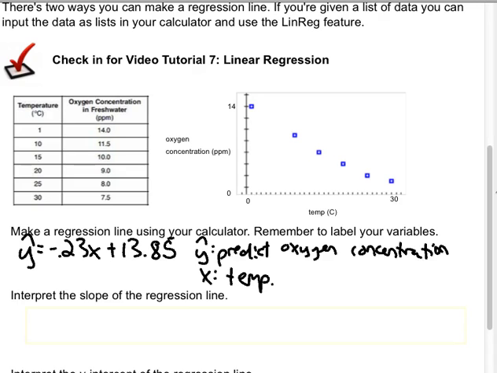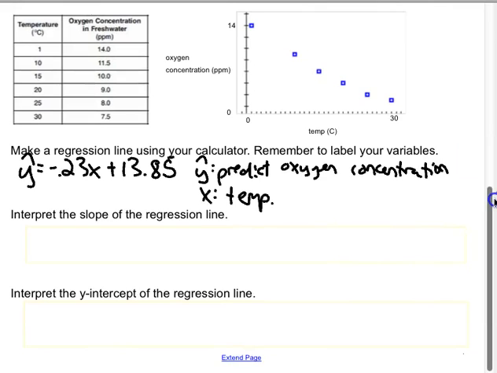Now that we know how to make those equations, let's dive into the interpretive piece. Interpret the slope of the regression line. The slope is always the value with the x. Remember, interpreting slope means when x increases by 1.